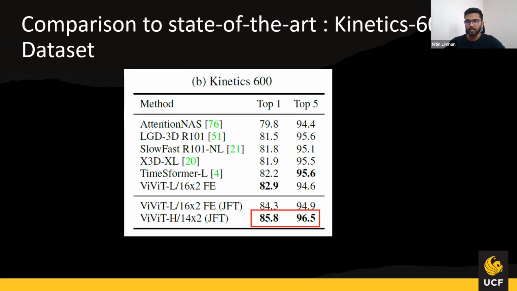Next, we see that these current state-of-the-art models have been outperformed by the ViViT factorized encoder by a little margin of 0.7% here on top 1, but it still lagged behind in top 5. Finally, the authors were able to leverage the use of pre-trained image weights from JFT, where they were able to spike the state-of-the-art accuracy by a margin of 2.9 here, which was best given by the ViViT Huge models.